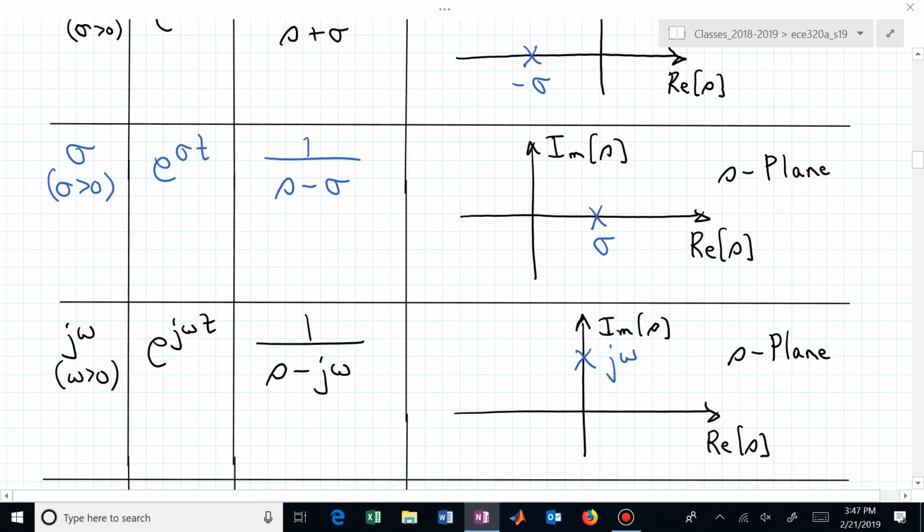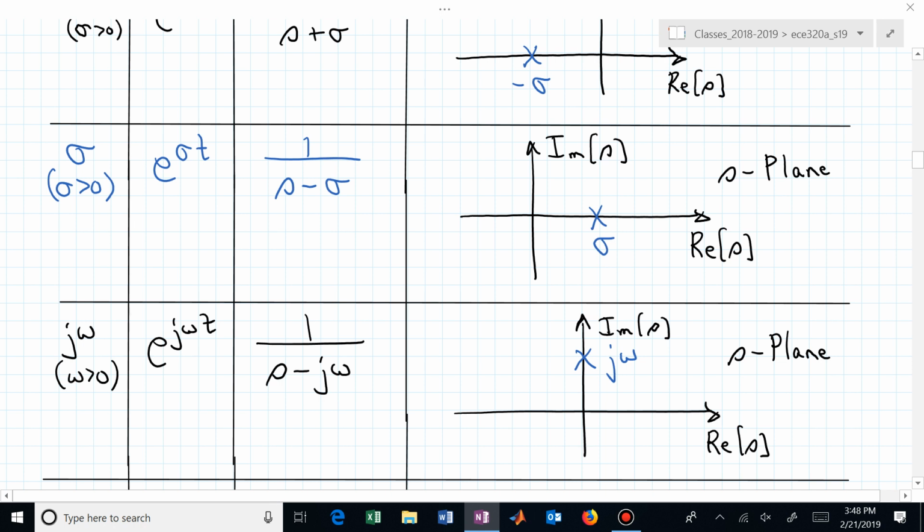Then we become a little bit more creative, and we say, what if this gamma in e to the gamma t is actually imaginary? What if it's j omega? Omega now is our oscillating frequency. We Laplace transform e to the j omega t, and we obtain 1 over s minus j omega for its Laplace transform expression. We set the denominator equal to 0 and solve for s to find the poles. And this now says s is equal to j omega.